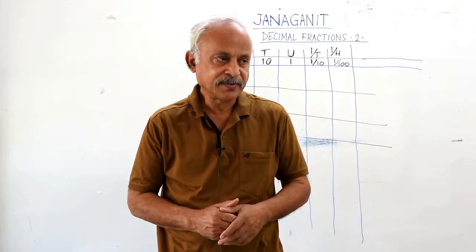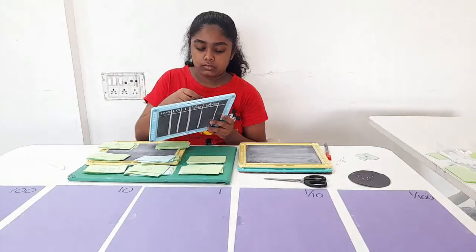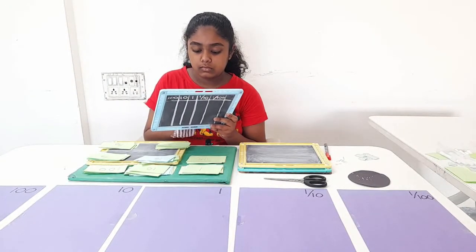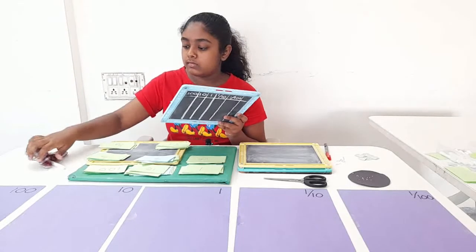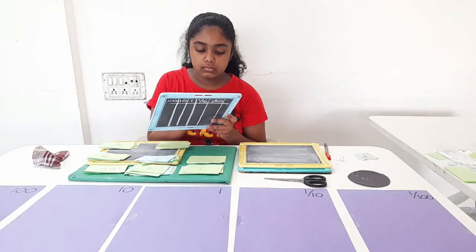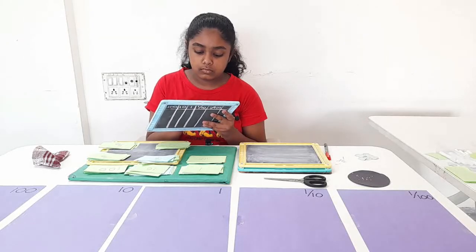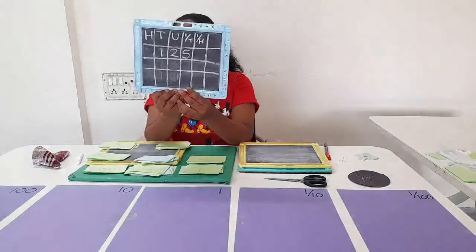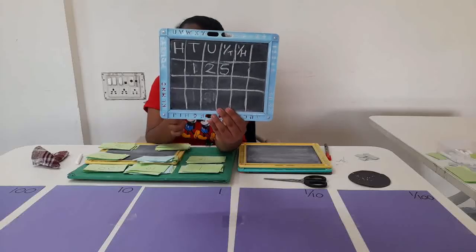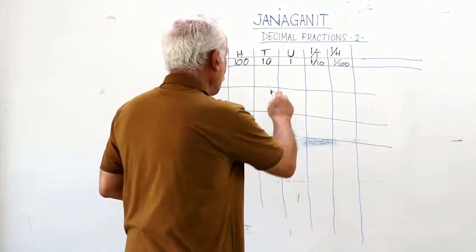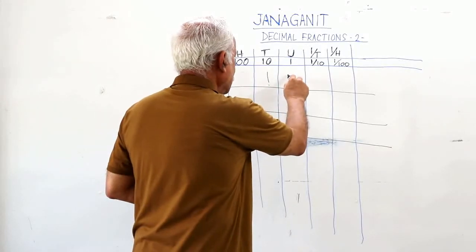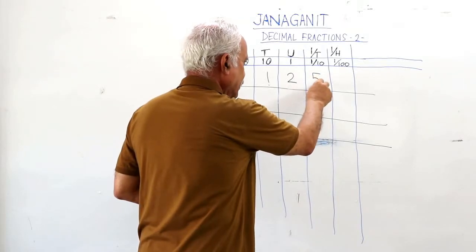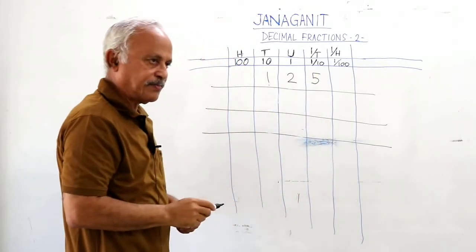You can write it, yes. So you have written 1 ten, 2 ones, and 5 1 by 10s.